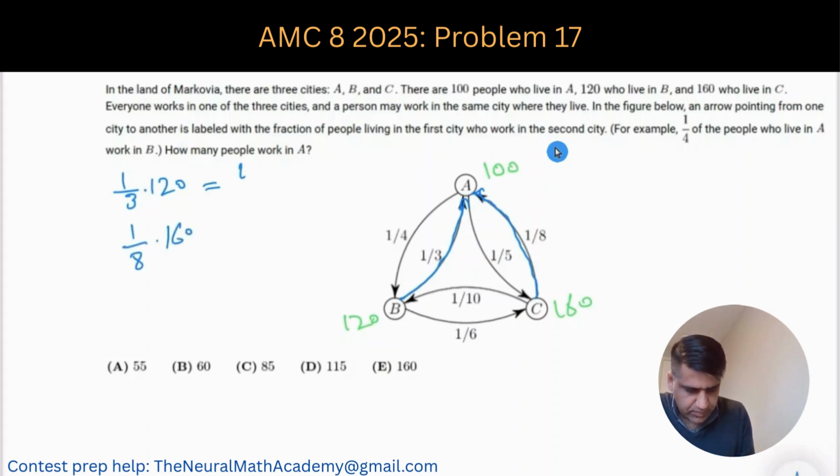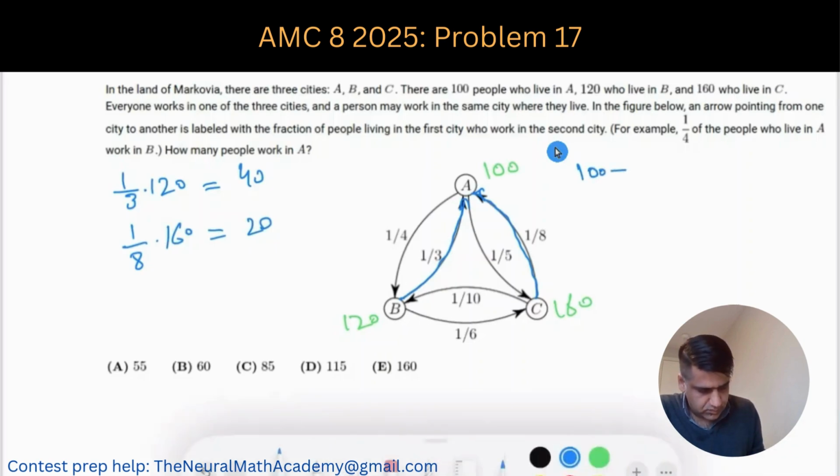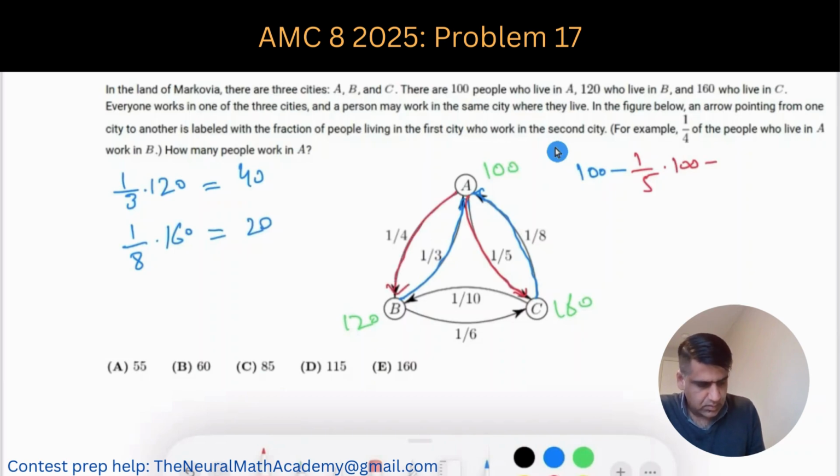so we have 40 people here, and then we have 20 people here. And now we need to find how many people who work in A and also live in A. So that would be simply 100 minus 1/5 of 100 and minus 1/4 of 100.